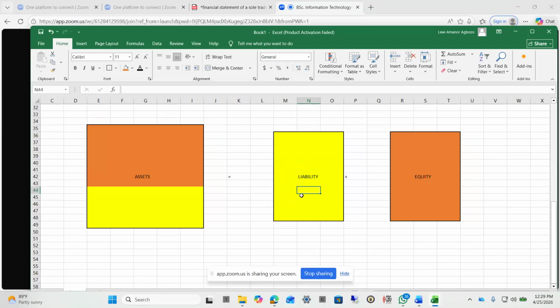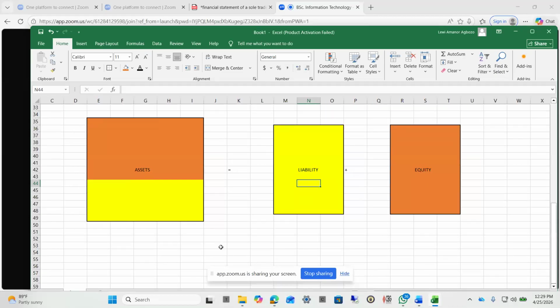If you add these two together, it should give you all the properties that the business has. All the things the business has should be given to you by what you brought in and what others have given you. Does it make sense? Yes, sir. Please, does it make sense?